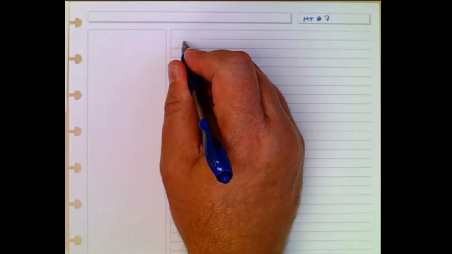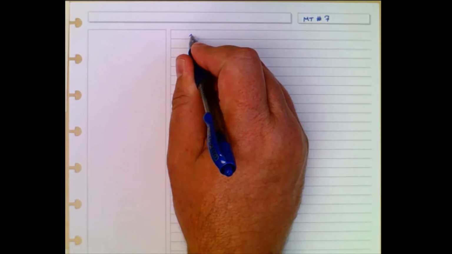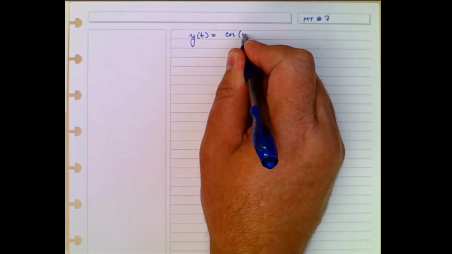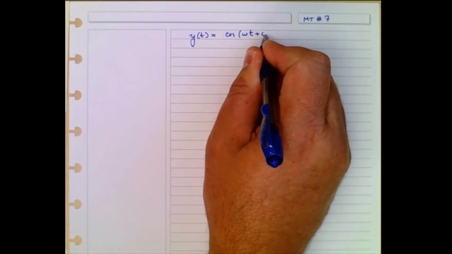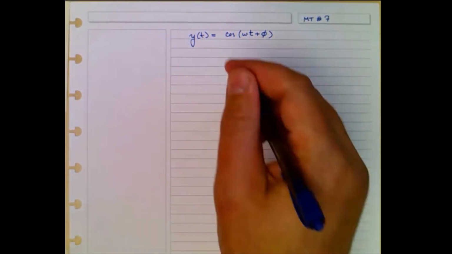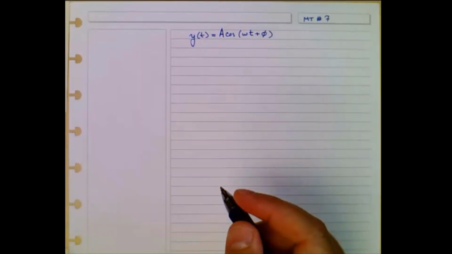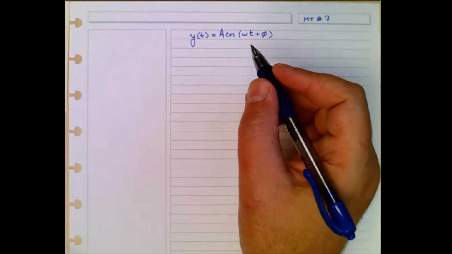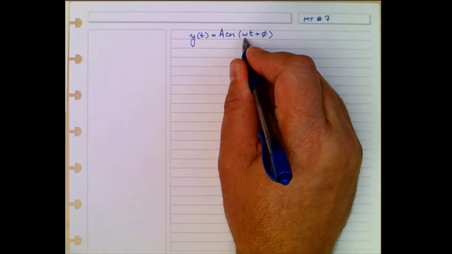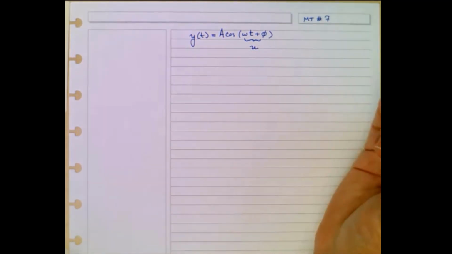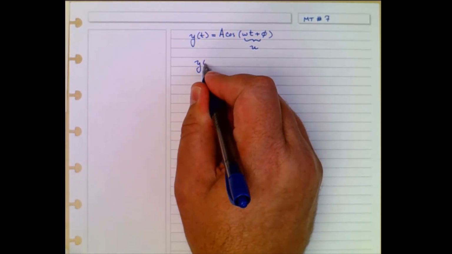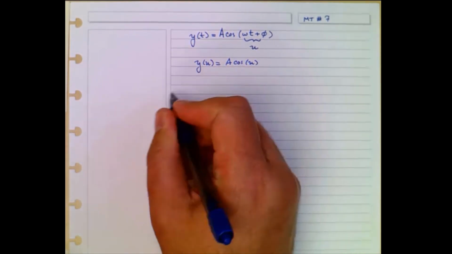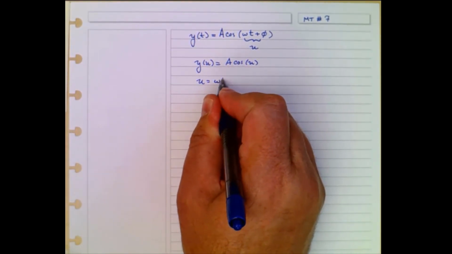Let's suppose that we have y of t as cosine of omega times t plus phi. Now let's give it an amplitude, a constant out front. The chain rule is going to need us to recognize that this is some u. So we've got y of u is equal to a times cosine of u, and u is equal to omega t plus phi.